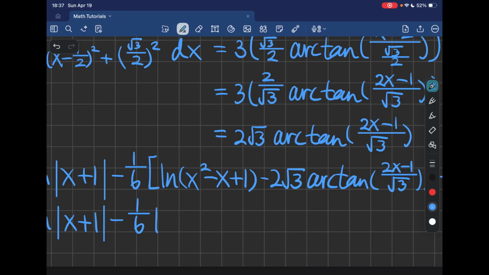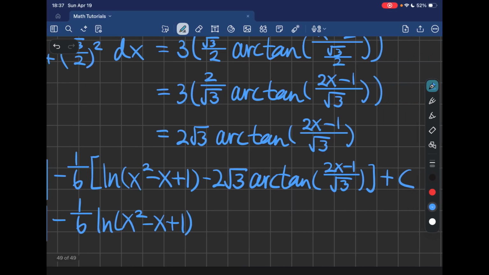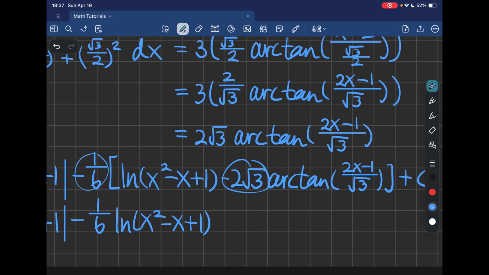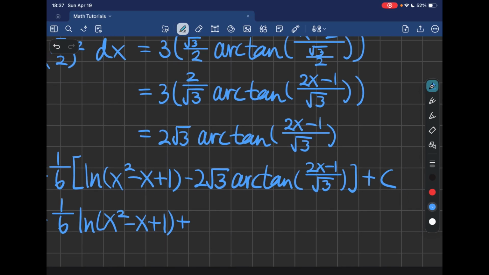So that's just ln of this thing, this quadratic. So this and this, well, we have positive, so that's right. Yeah, because we have square root of 3 over 3, that is just 1 over square root of 3, right?